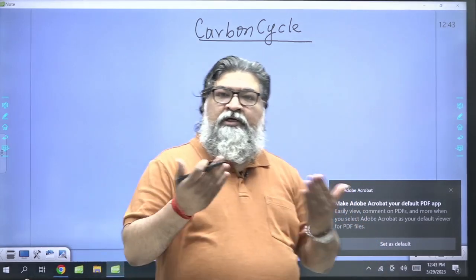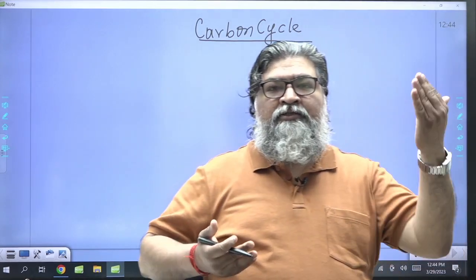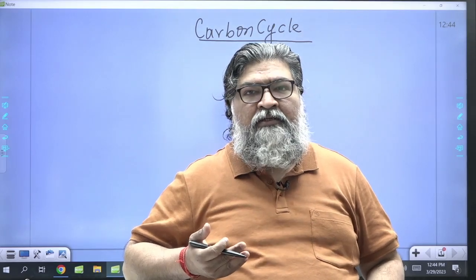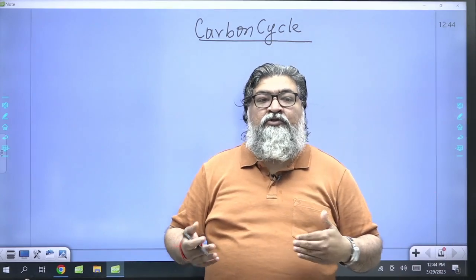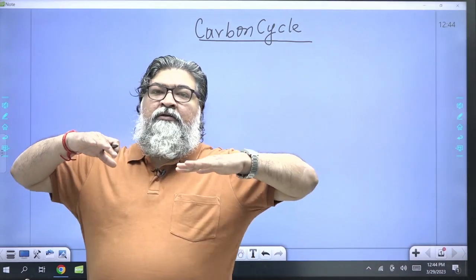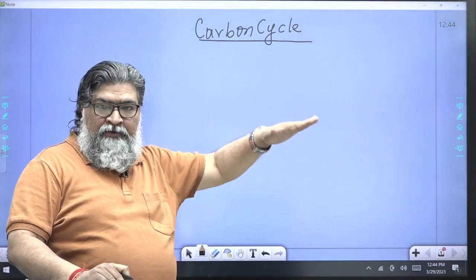Without carbon, nothing will exist. Soil has carbon, air has carbon dioxide gas, and even water has dissolved carbonate and bicarbonate ions. That's why the carbon cycle becomes very important for the biosphere, for our earth.